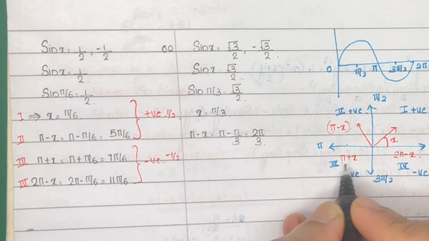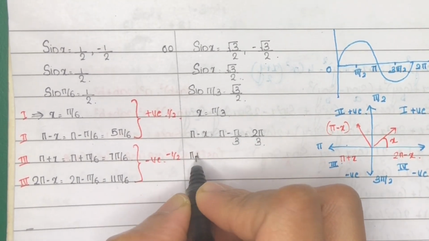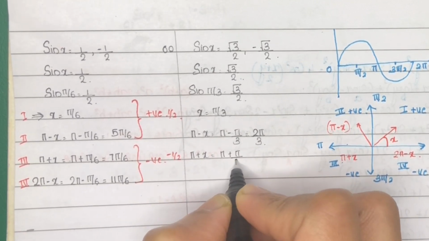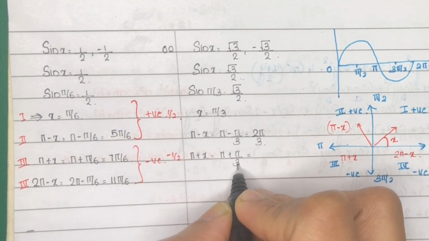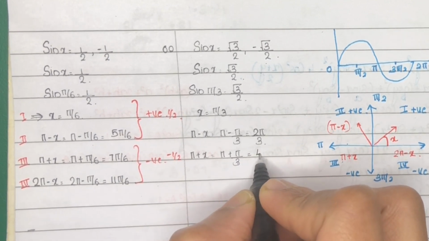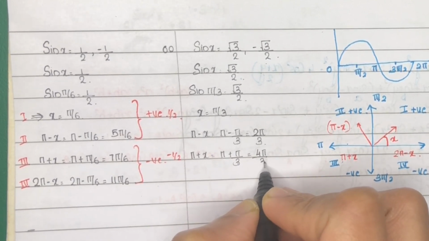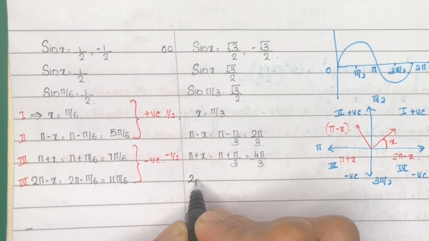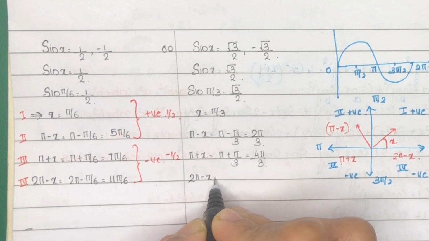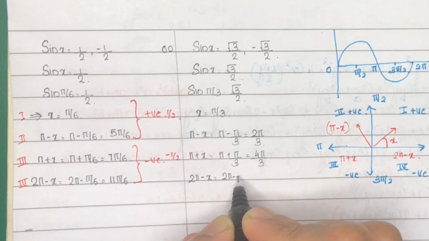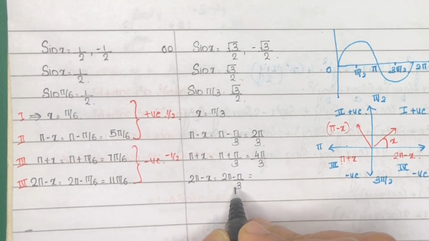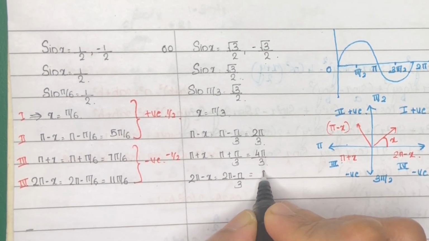Next, in third quadrant, pi plus x. Pi plus x equal to pi plus pi by 3 equal to, LCM 3, 3 pi plus pi, 4 pi by 3. Next, in fourth quadrant, 2 pi minus x equal to 2 pi minus pi by 3 equal to, LCM is 3, 2 pi into 3, 6 pi minus pi, 5 pi by 3.